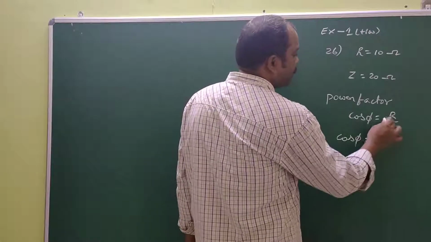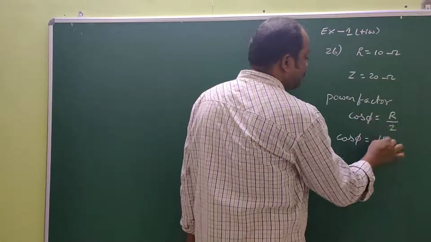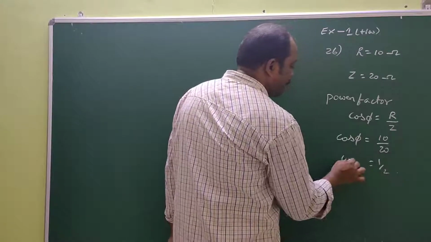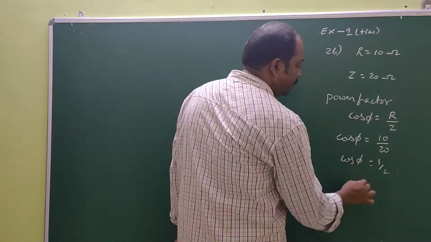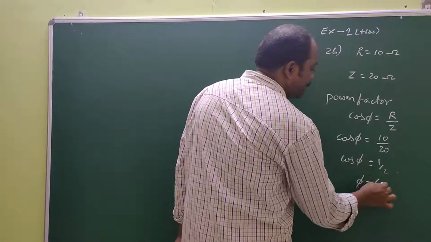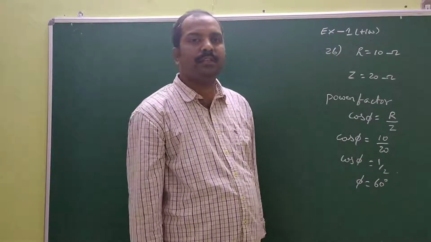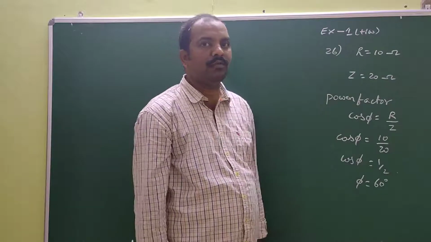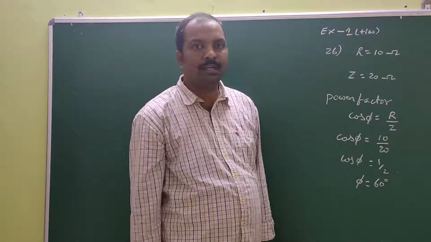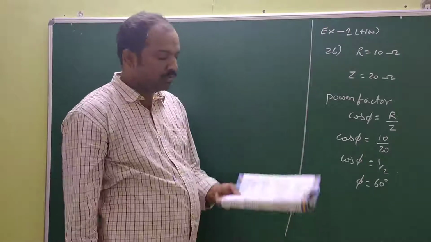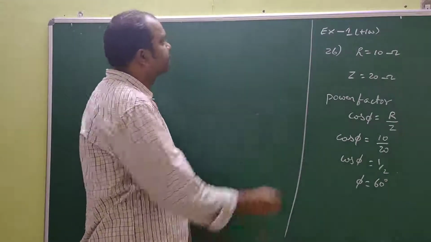So cos phi is equal to resistance 10 by impedance 20, so it is 1 by 2. As cos phi is equal to 1 by 2, phi is equal to 60 degrees. So the phase difference between current and voltage is 60 degrees. Next question 27.